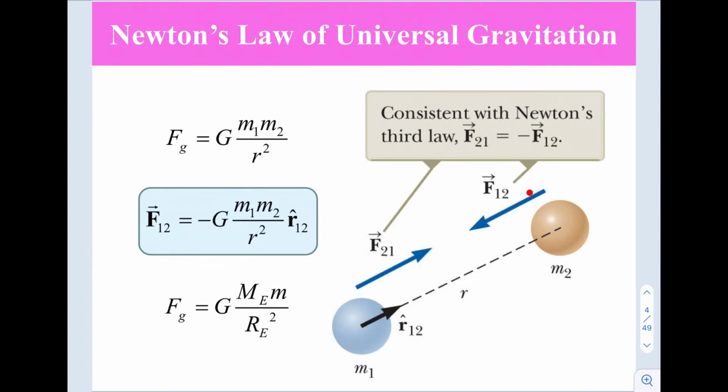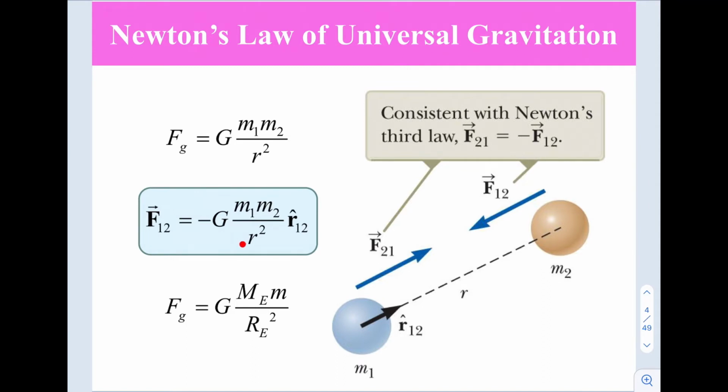So basically we are going to use F12 equivalent to negative. Why is it negative? Because of the direction. We put F12 as negative in direction and F21 as positive in direction, capital G, M1, M2 over R between them from center to center squared.